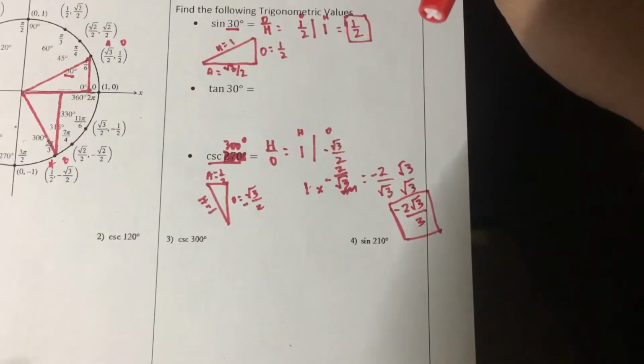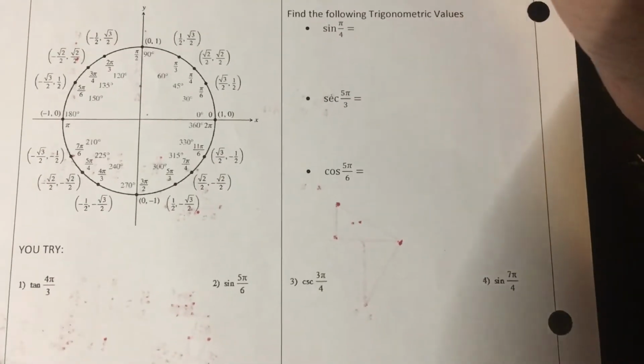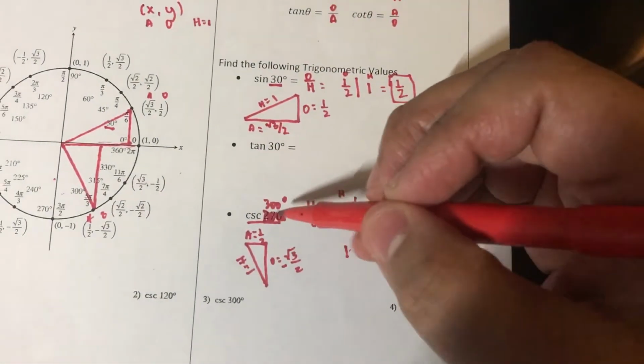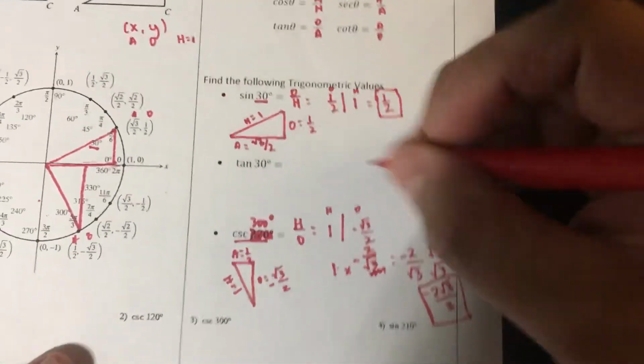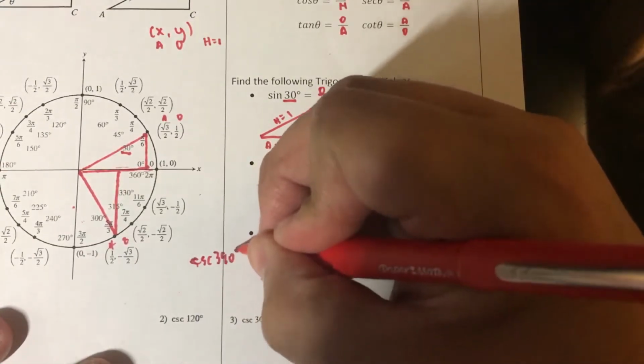Okay? So, like I said, this can be done in either radians or degrees. And so, let's flip over here. If I had not found this, let's say this was asking for cosecant of 390 degrees.